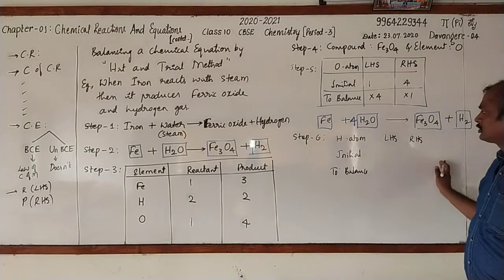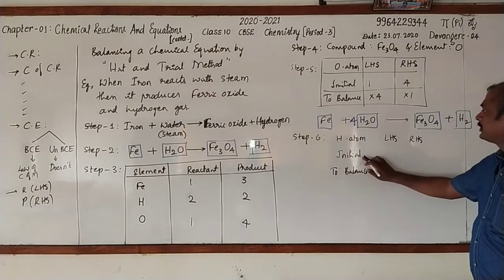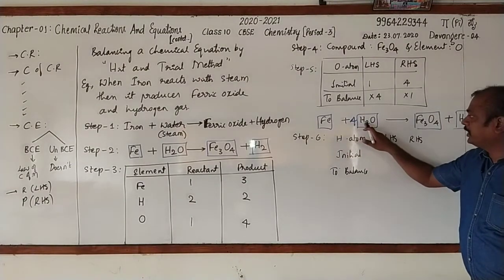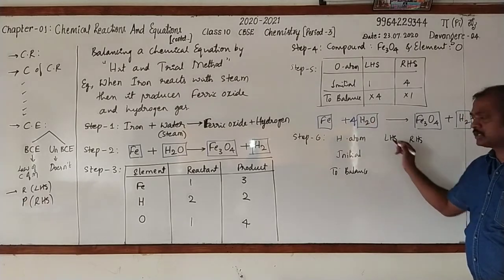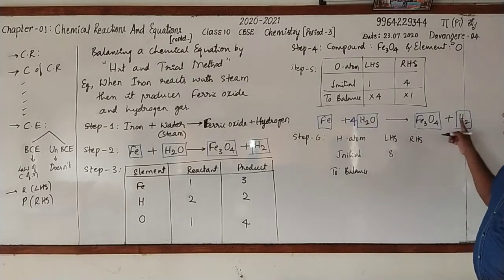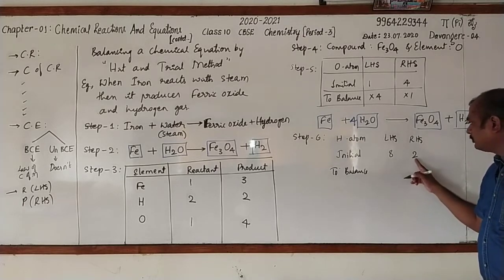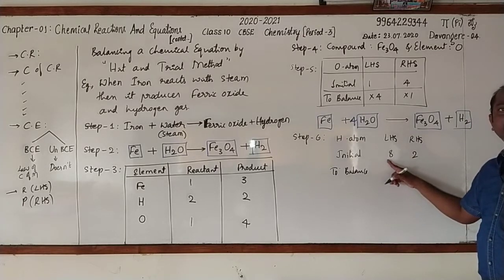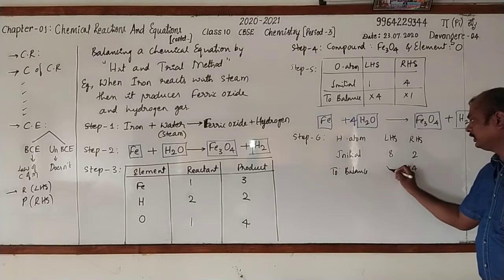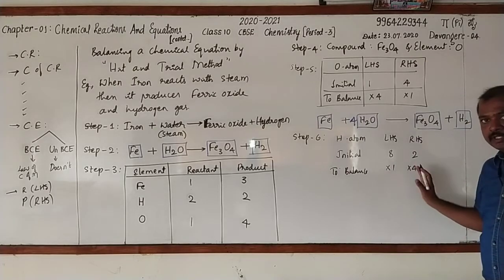These two rows should be used. Observe. Here, how many hydrogen atoms are there? 4 2s are 8. RHS, only 2 is there. Right? Then what should be multiplied with 2 to get 8? Into 4. Here into 1. Hope that you have understood.